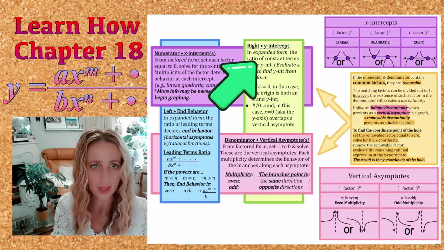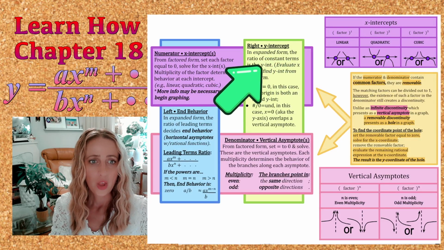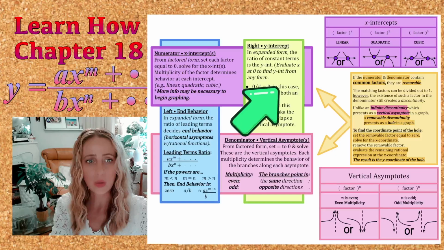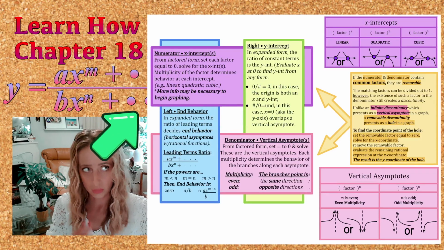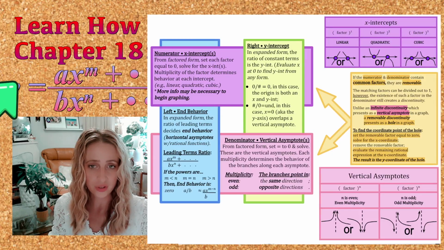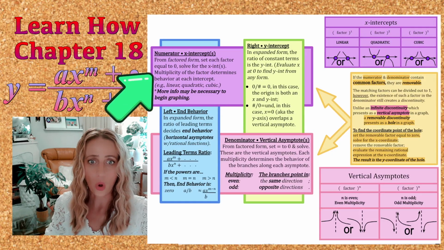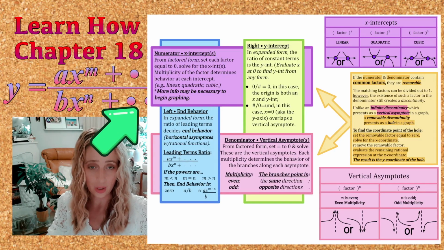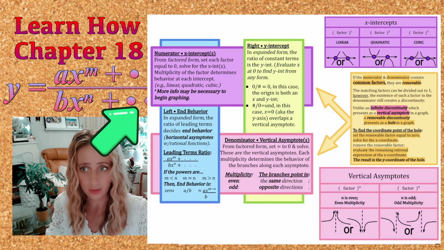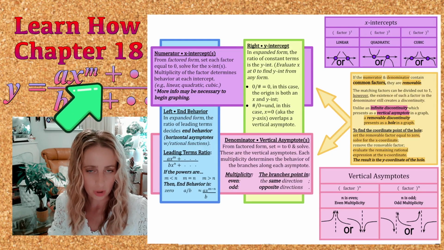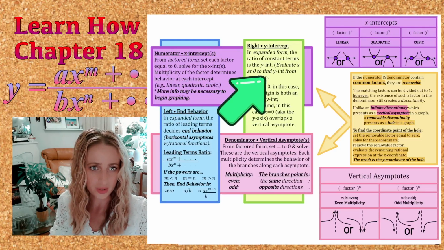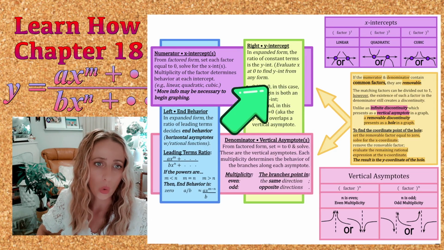And what do I mean by that? In expanded form, the ratio of constant terms is the y-intercept. So if I fill in 0 for x, similar to how I filled in 0 for y, I will get the y-intercept. All the terms that have a variable in them are going to turn into 0, so you'll be left with constant over constant. That will be your y-intercept.